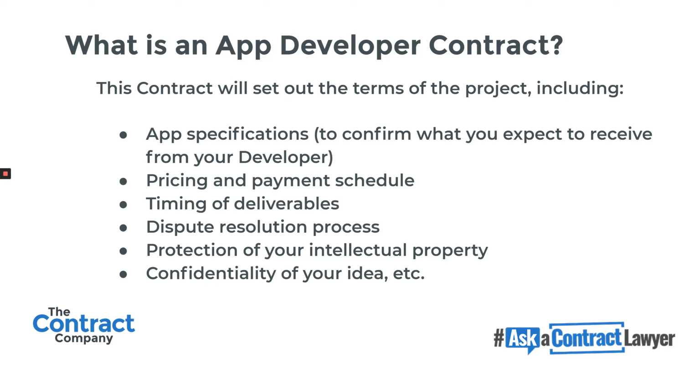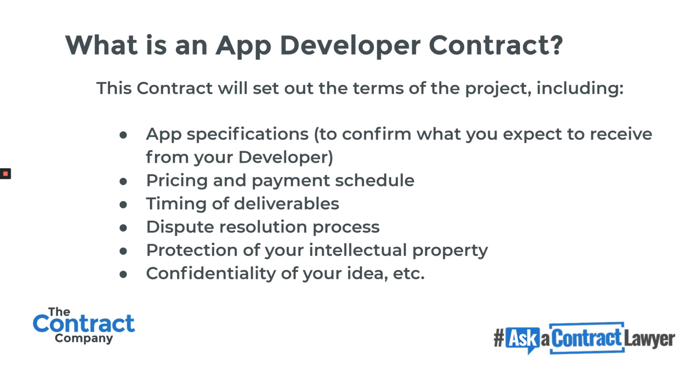So most app development agreements that I've seen will say something like, you, Mr. Client, will own the IP in each milestone, as and when you pay for each milestone, and once the entire app has been paid for, you will then own all intellectual property rights in the app. And that protects the developer, so they get paid, and it also protects you, and that is a fair outcome.